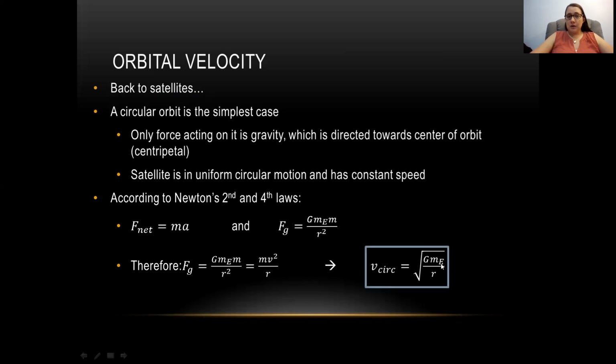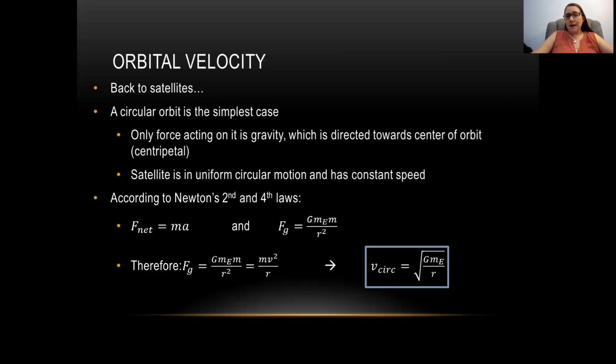Okay, this is an important equation to remember too. If we're trying to get something into a circular orbit around the Earth, we need to know the mass of the Earth and the radius that we want it to be, and that will tell us how fast it needs to be traveling in that orbit. Not how fast it needs to be traveling off the ground, but how fast it will be moving once it's in that orbit.